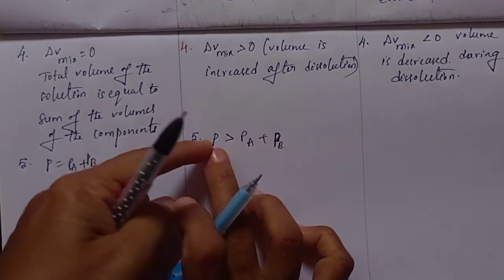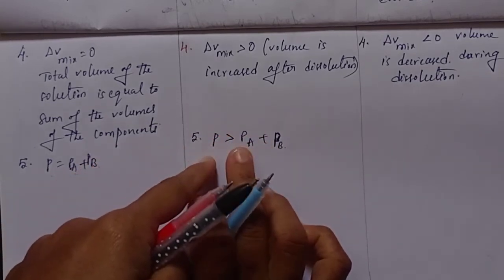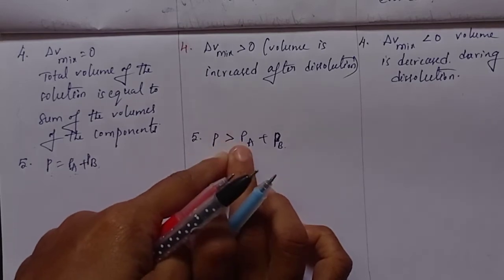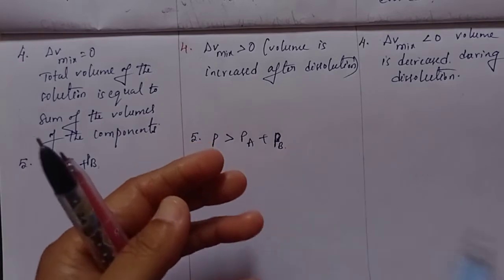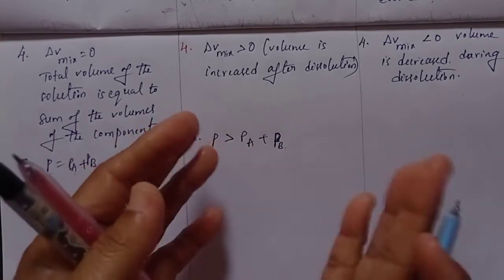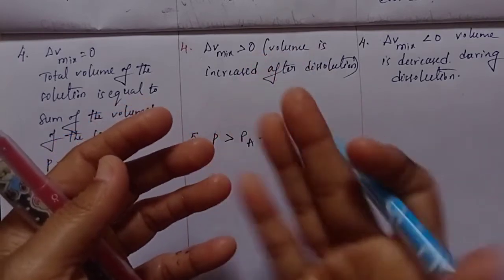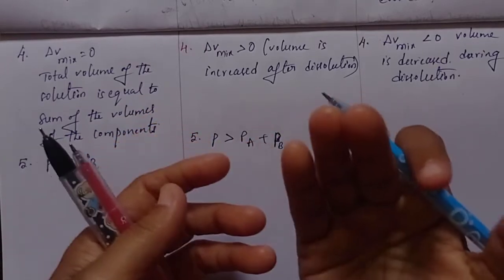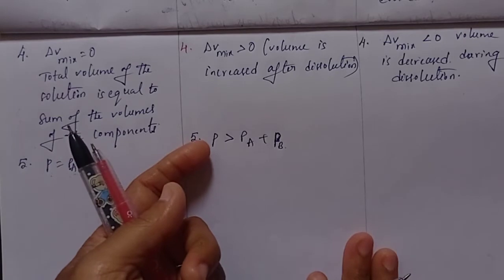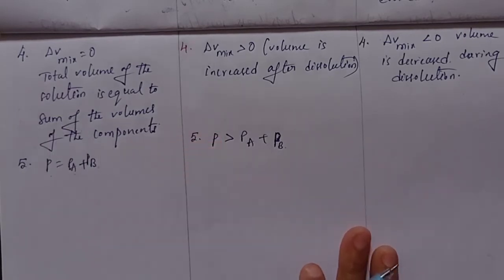Are you following? So the total pressure of the solution is always greater, because AB attractive forces in solution, between different components, are weaker. So those components can easily evaporate, they can easily escape. That's why the vapor pressure of the solution is always greater than PA plus PB, students.